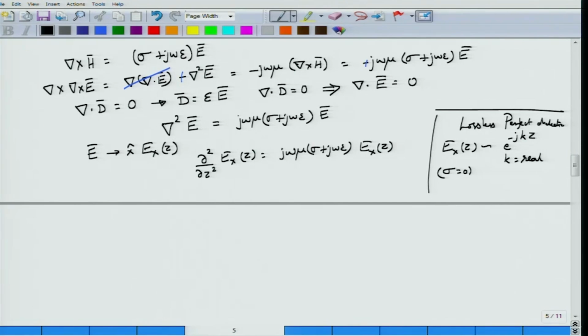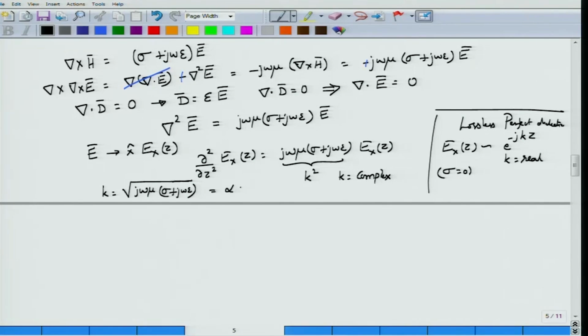However, now sigma is certainly not 0, and this quantity can still be written as some k square, except now that k must become complex, correct, because k square is equal to j omega mu into sigma plus j omega epsilon. However, k will then be equal to square root of j omega mu sigma plus j omega epsilon, okay, and because of this it is obviously going to be a complex number.